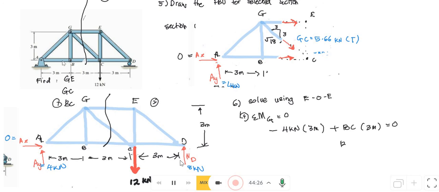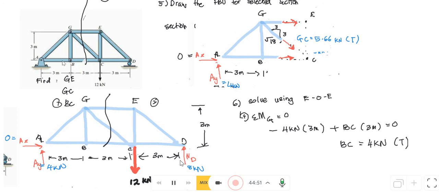So you know that the BC is the correct one, the sign is correct. The BC is equal to 4 kilonewton. So again, our assumption is correct. So BC is in tension because we assume that positive means tension.